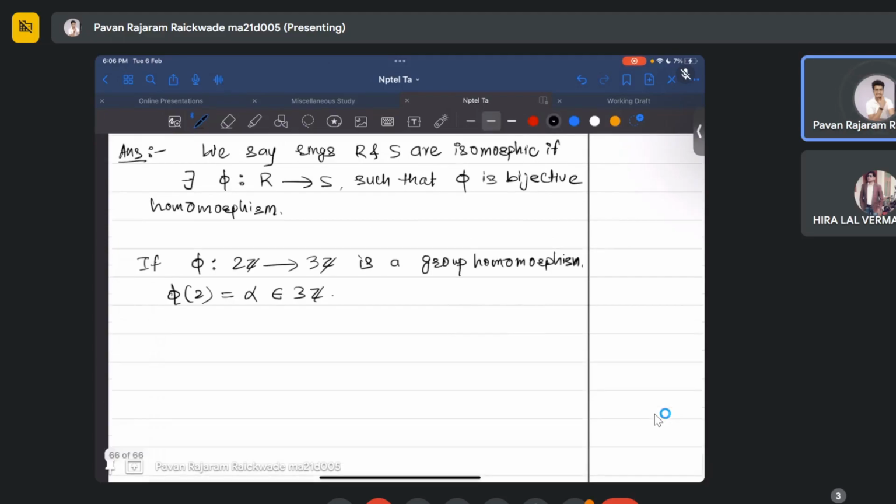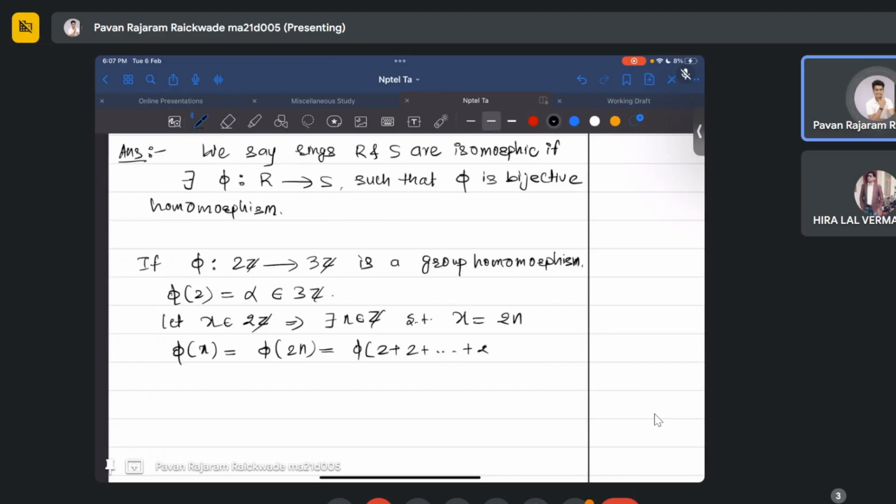Then any element x belongs to 2Z means there exists n in Z such that x equals 2n. So phi of x is phi of 2n, which is phi of 2 plus 2 up to n times.